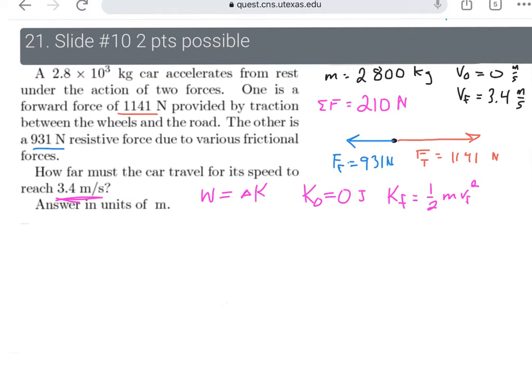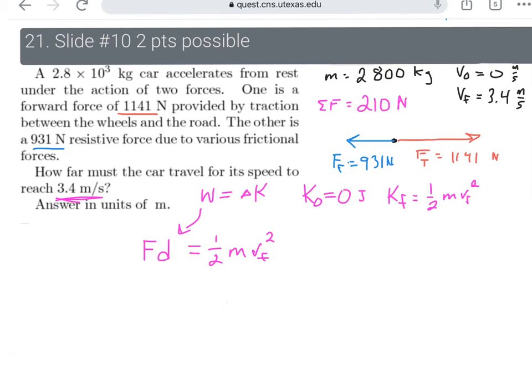So the setup here, what we're going to do is we're going to expand work into its equation, force times displacement, and we're going to do the change in kinetic energy is going to be equal to the final kinetic energy, which is half the mass times the final velocity squared.